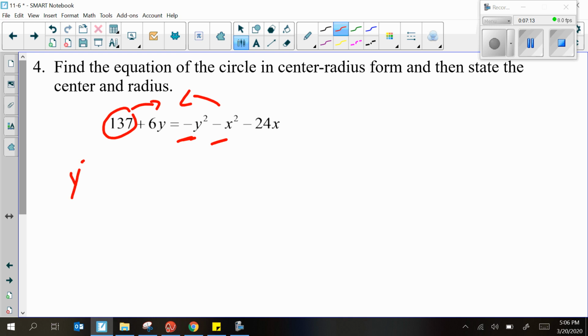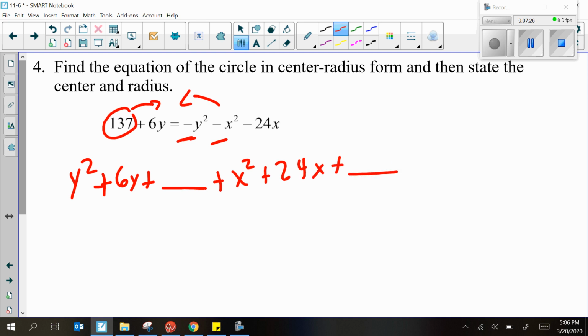So I have y squared plus 6y, leave a space, plus x squared plus 24x, leave a space, equals negative 37. Take a moment, make sure that makes sense of why things are positive, why they're negative, and how I moved everything.